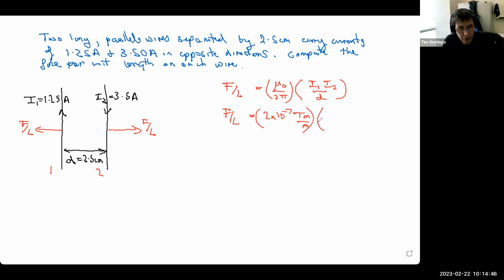And then we have this product of the two currents, 1.25 amps and 3.50 amps. And then that's divided by the perpendicular separation between the two wires. That's 2.5 centimeters. I've got to put it in SI units. It's 0.025 meters. And if we calculate this number, I've already done this, I got a value that is 3.5 times 10 to the minus 5.